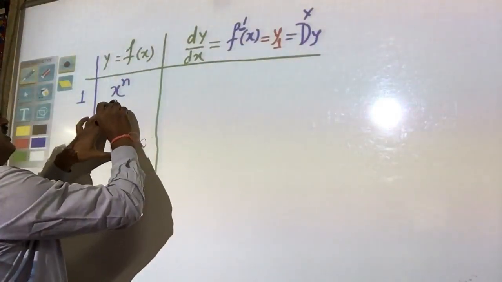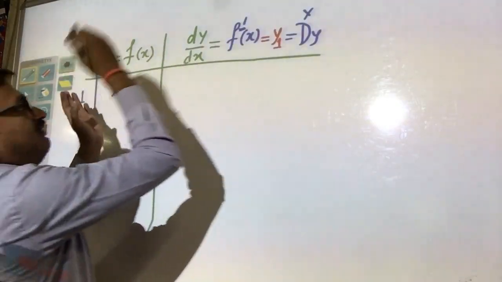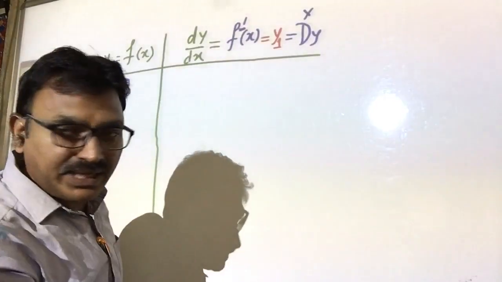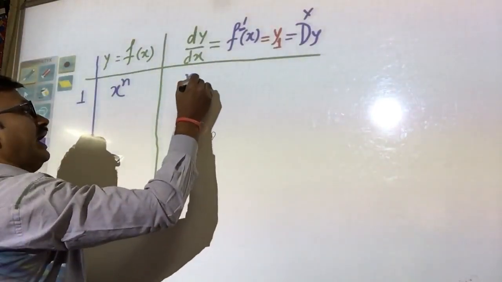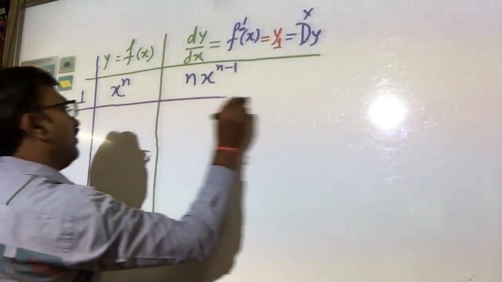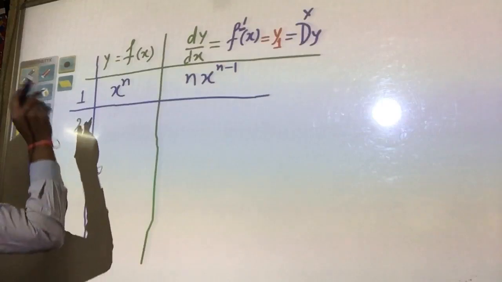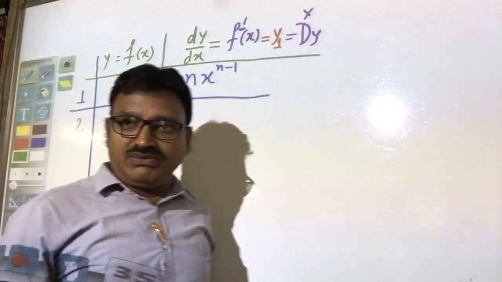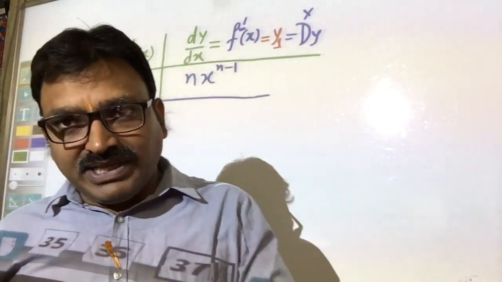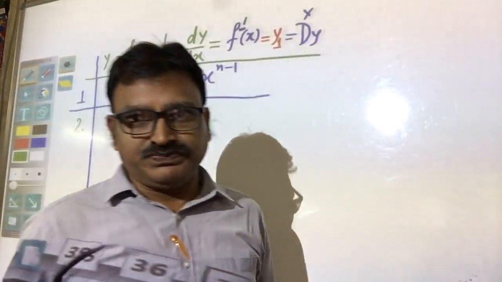But the differentiation of x power n, found by first principle and binomial expansion, is n x to the power of n minus 1. This is a very important formula. Students, it should always be memorized because it is useful in math, physics, chemistry and many other subjects also.